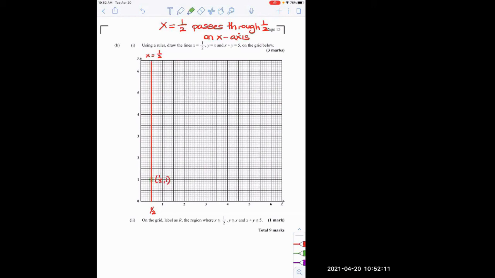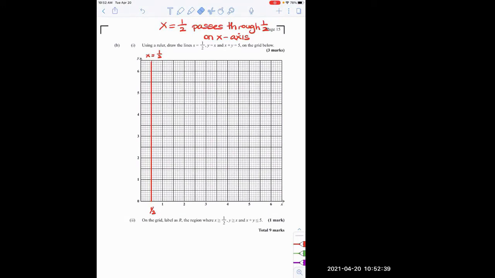If I ask you for the coordinates of this point, you will tell me a half, 3. If I ask for the coordinates of this point, you will tell me a half, 5. So it means in the line in red, every single point on that line, x is a half. So it is a vertical line passing through the point x equals a half.